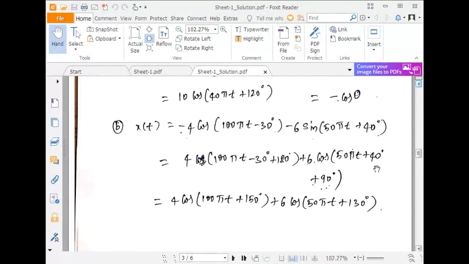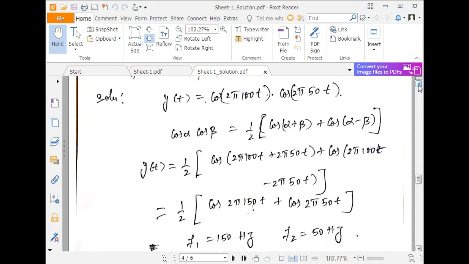Sine here should not be negative, sir. No. See here, cos theta plus 90 is minus sine. Minus of minus will be positive afterwards. Clear now?